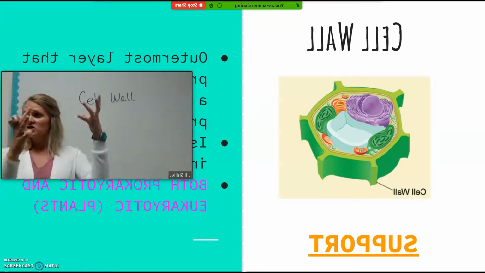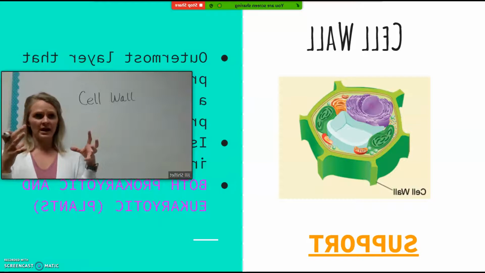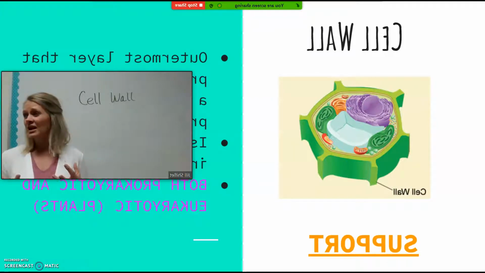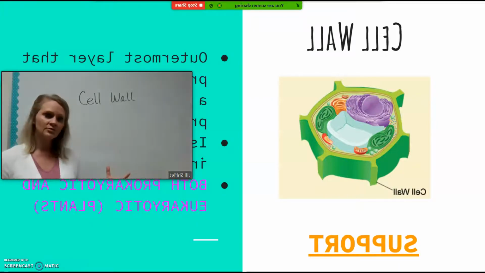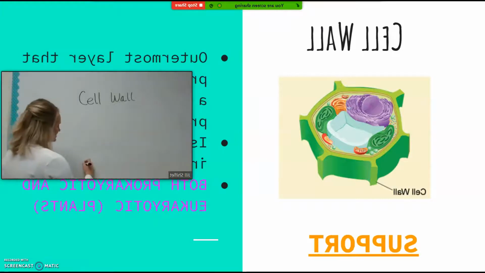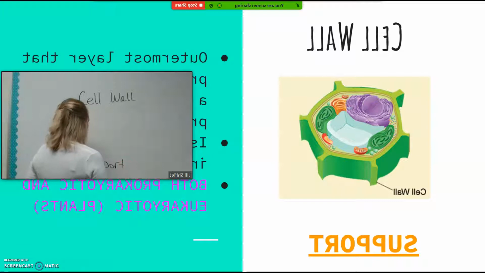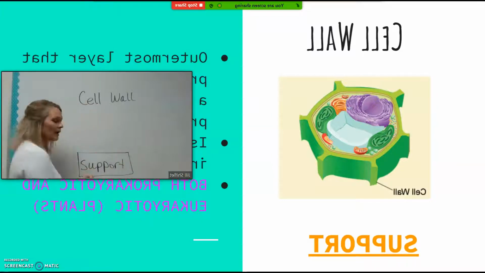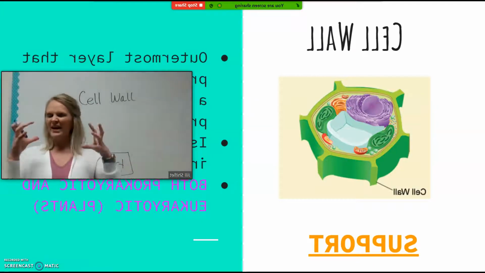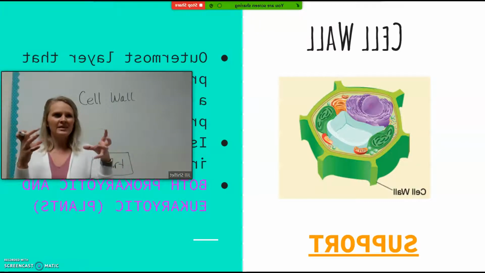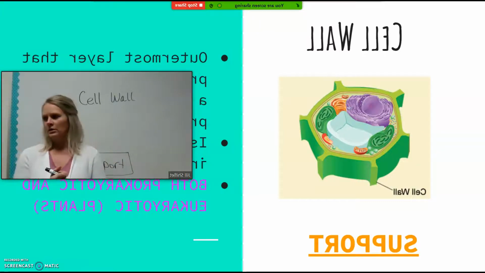That fatty, squishy layer that controls what goes in and out. Not all cells have a cell wall. Some of them do. If it does have a cell wall, the reason is for support and strength. It protects the cell. It makes it stronger. Some cells don't need that.